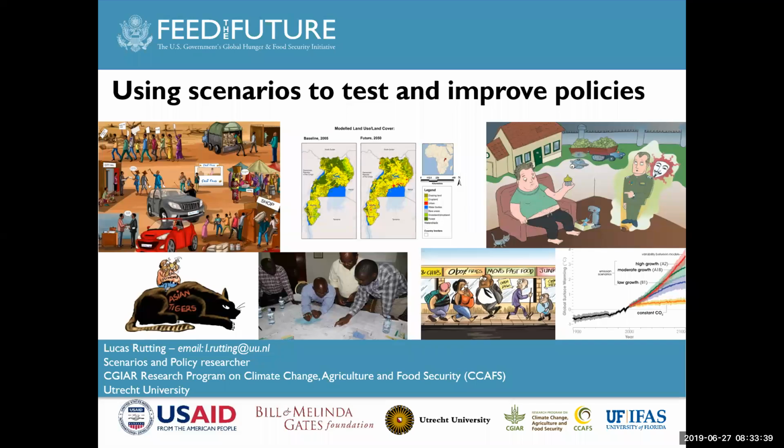So that brings me to the second part of this mini lecture. So once we have developed scenarios, that's all nice, of course, but we also want to use them, put them to use. And how do we use them? That's the focus of this second part. Well, in our case, we use them to test and improve policies.